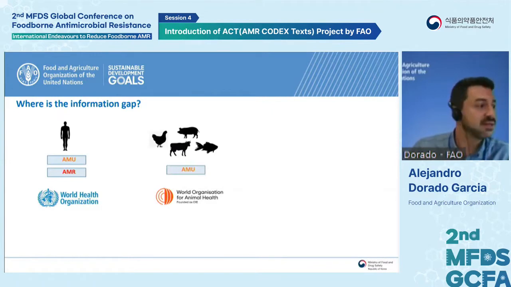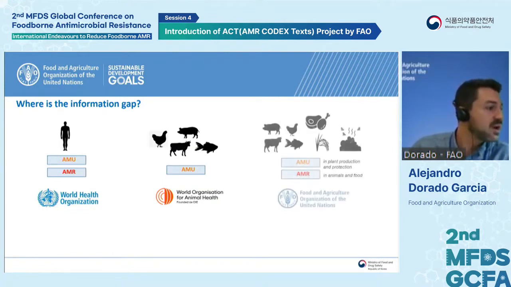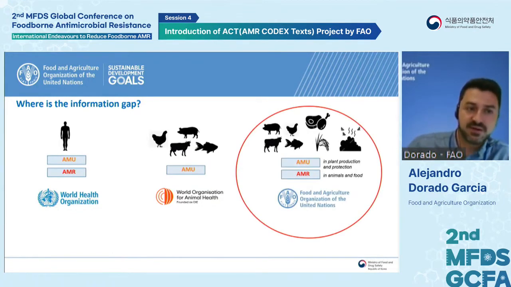Then the World Organization for Animal Health is collecting antimicrobial use data at the national level for terrestrial and aquatic animals. They've been collecting this data for several years already. They also produce reports on a regular basis, and they have launched a data platform called ANIMUSE for the collection of this antimicrobial use data.